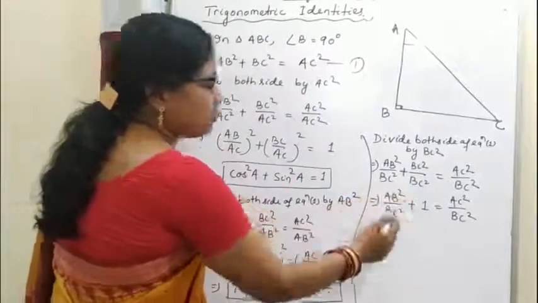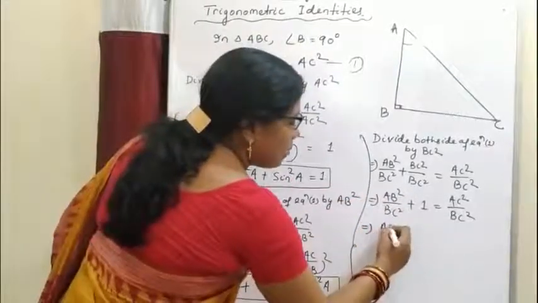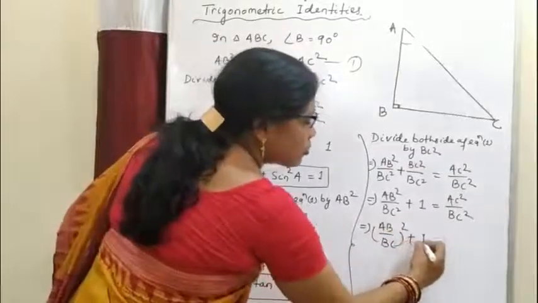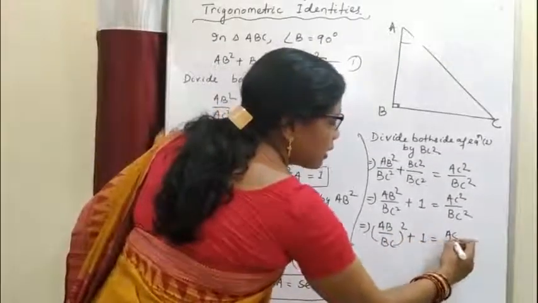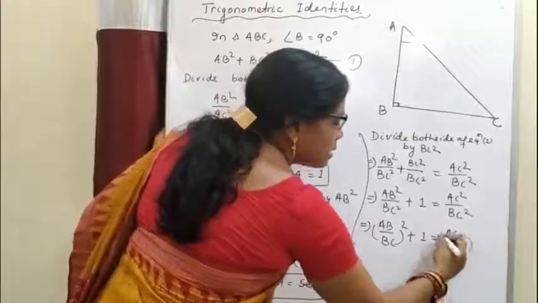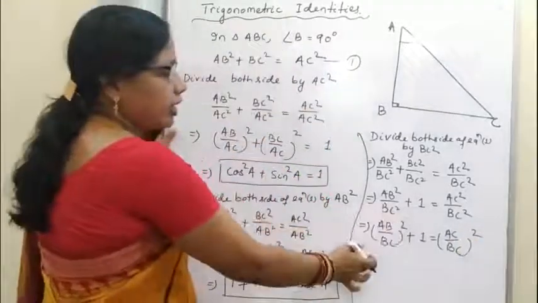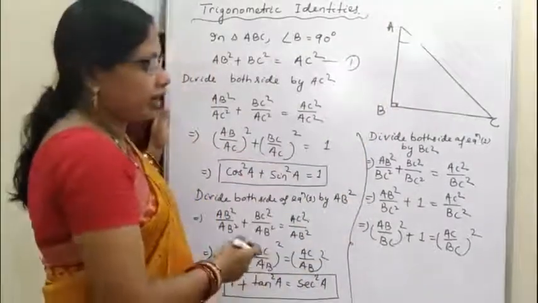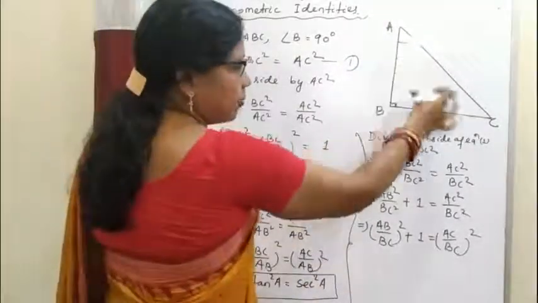So this is (AB by BC) whole square plus 1 is equal to (AC by BC) whole square. Which trigonometric ratio of angle A is AB by BC?